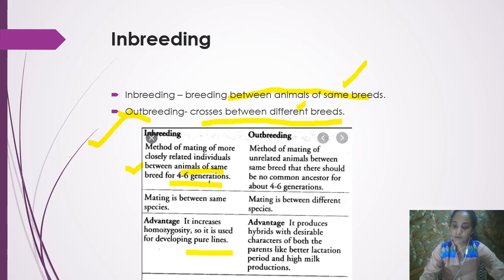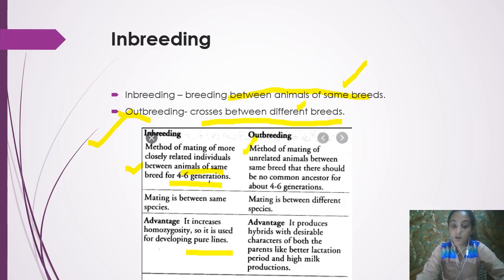Whatever qualities we are expecting, you will get the same genes because we are doing inbreeding repeatedly. So if any false genes or any low quality genes are there, they can be removed after this much inbreeding. But you have to note it can go only up to a maximum of 5 or 6 generations of inbreeding. Otherwise, what will happen? We will deal with that later. Okay, so that is called inbreeding. Now, let's see the same thing for outbreeding.